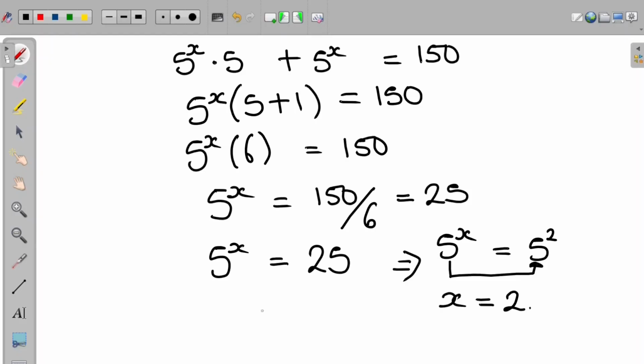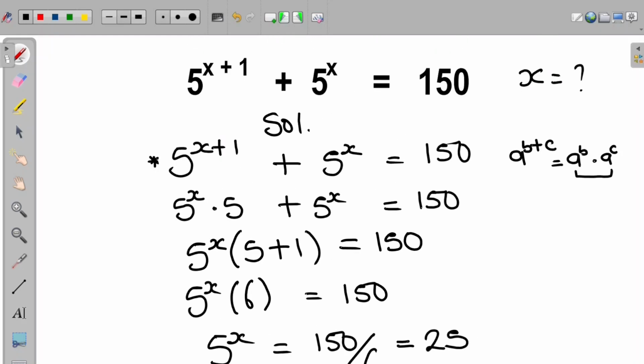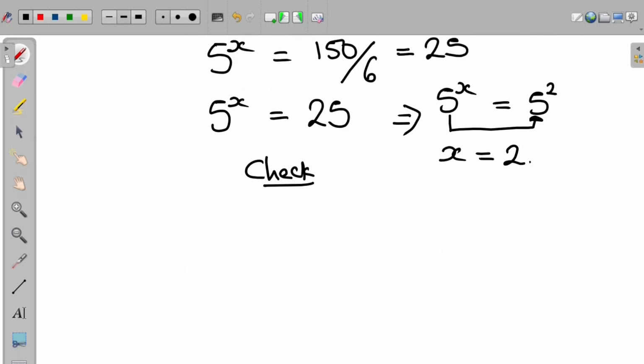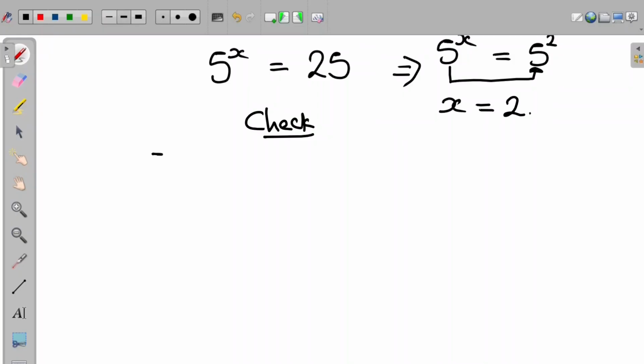Now let us check if we are correct. The equation given to us initially was 5 raised to the power of x plus 1 plus 5 raised to the power of x is equal to 150. And our value of x is equal to 2.